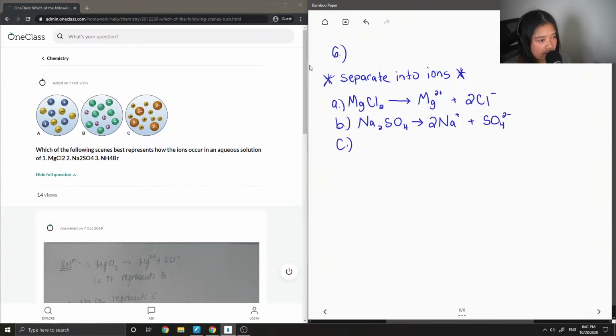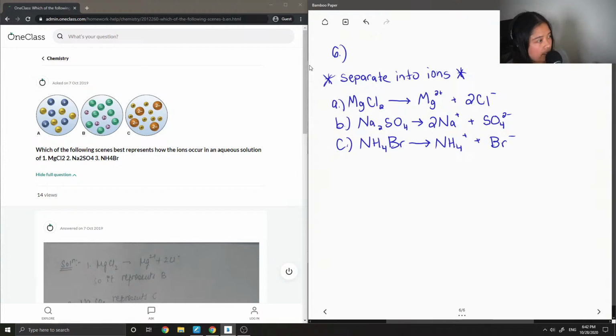And then lastly, we have ammonium bromide. Separating this into its ions just simply gives us a positively charged ammonium ion and a negatively charged bromide.